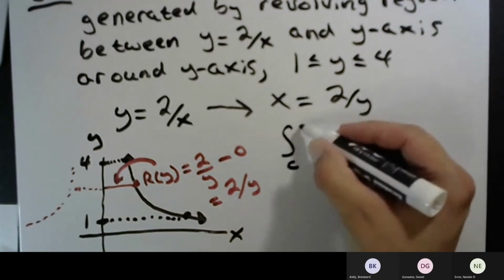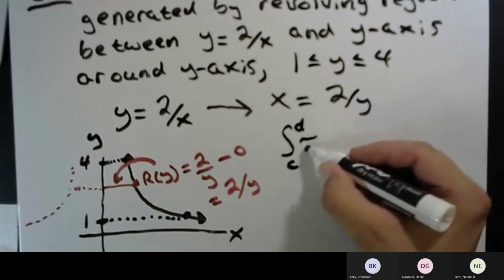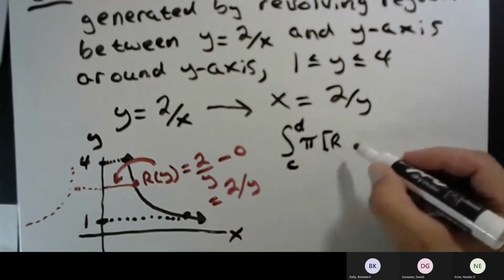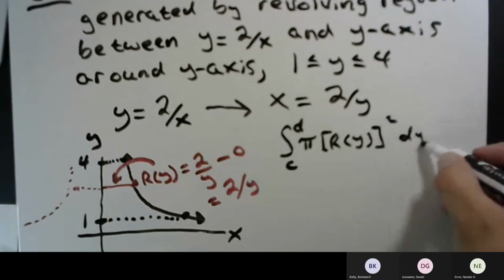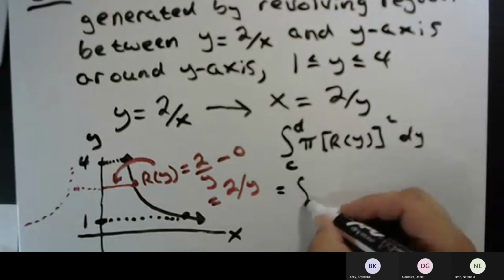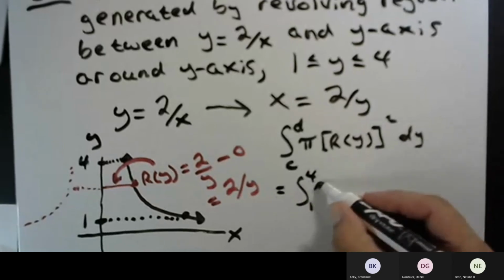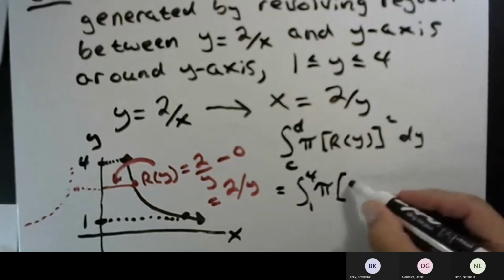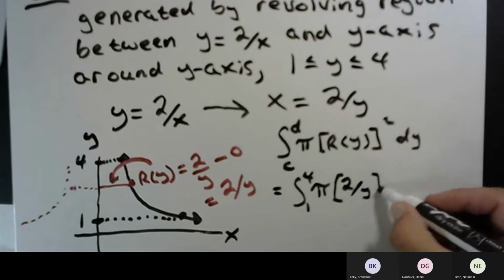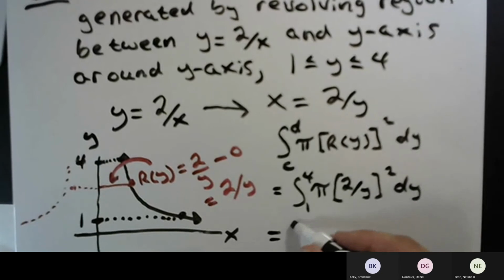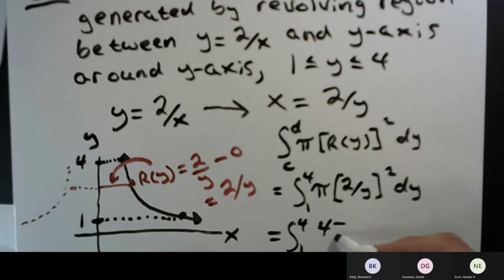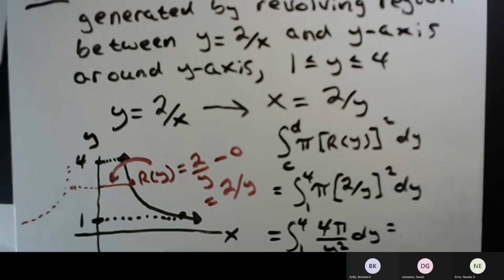So this means our integral from c to d, pi r of y squared dy is the integral from 1 to 4 pi 2 over y squared dy, or the integral from 1 to 4 of 4 pi over y squared dy.